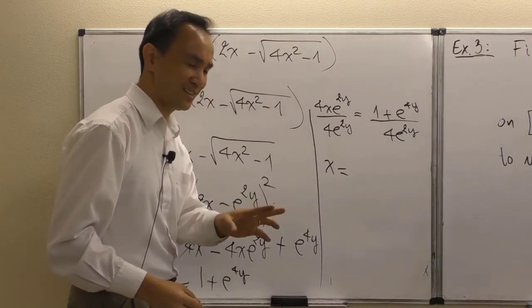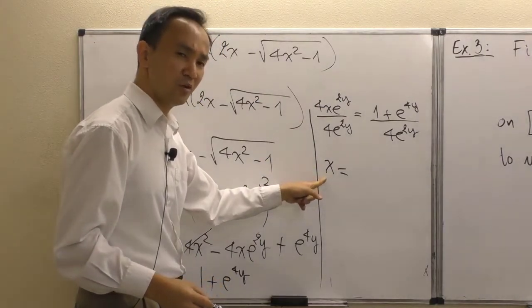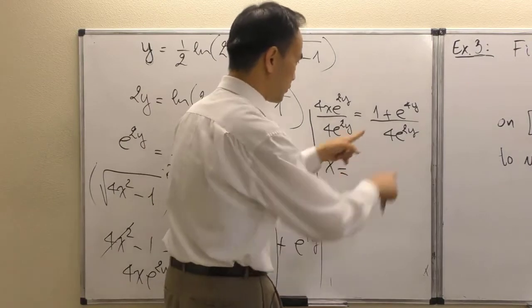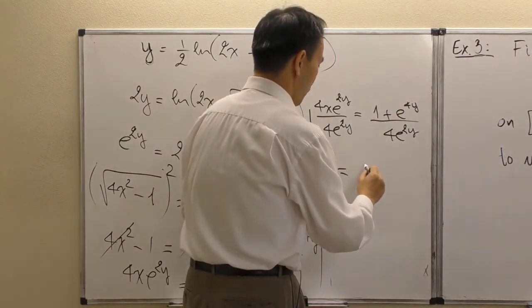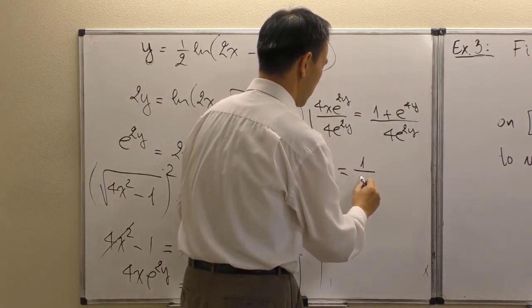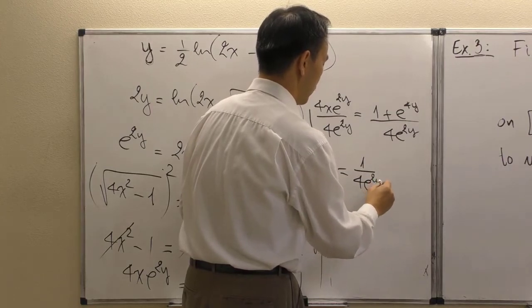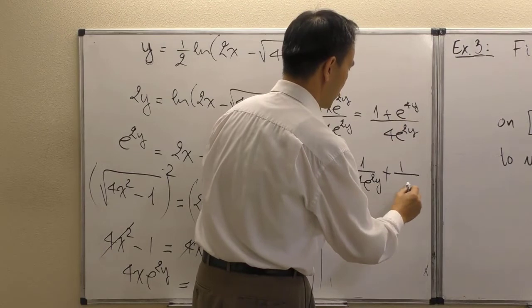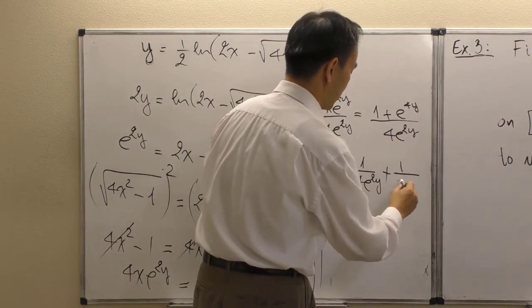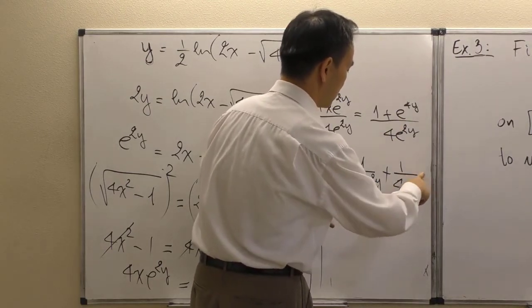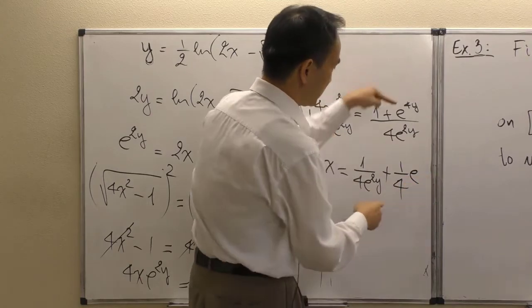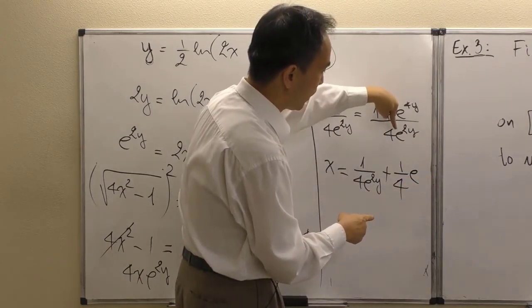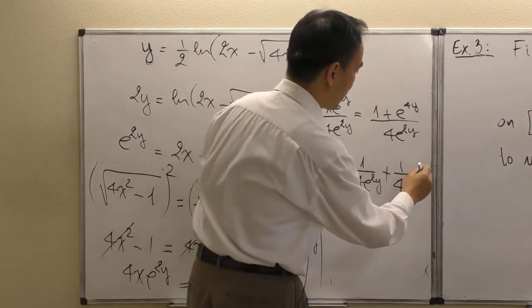We're getting there. Okay, one single lonely x variable equals, now the left-hand side is 1 over 4 e to the 2y plus, and then that here is 1 over 4 times e to the, see, if we're canceling 4 e to the 4y with e to the 2y here, it's going to become e to the positive 2y.